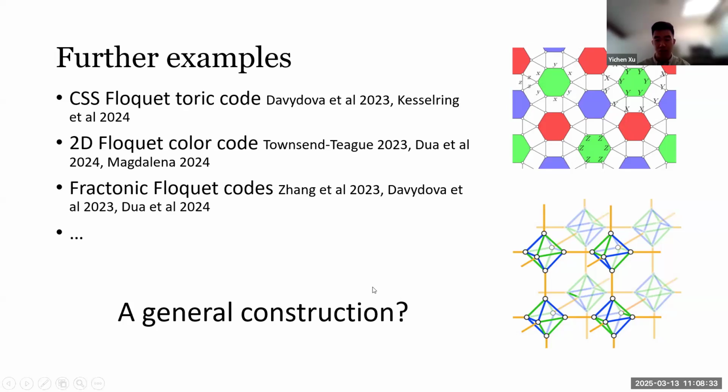So it is a natural question to generalize all these Floquet protocols and construct dynamical LDPC codes, maybe potentially with a restriction of spatial connection. We want to be flexible in our construction.